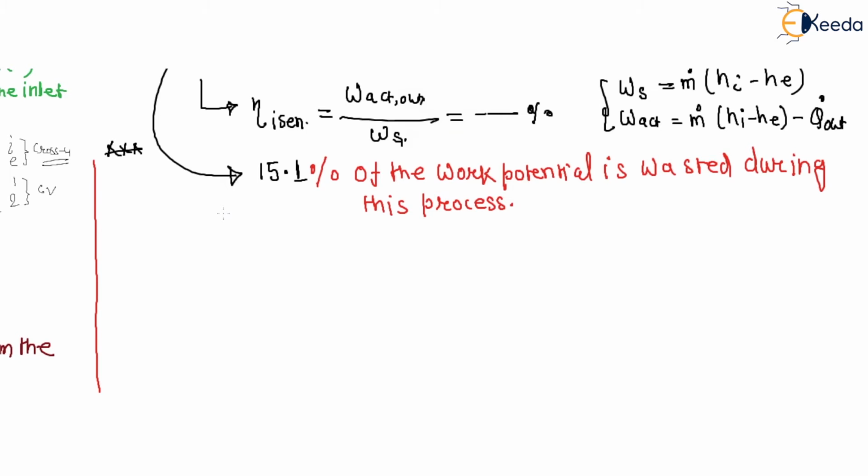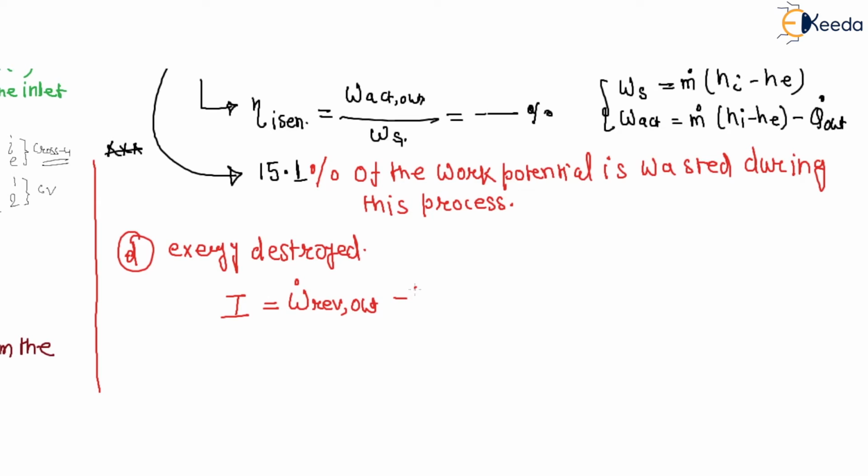Now, next is what? You have calculated actual power, maximum power, second law efficiency. Now, next is number D. You have exergy destroyed. So what is the exergy destroyed? Reversible work out minus actual work out.